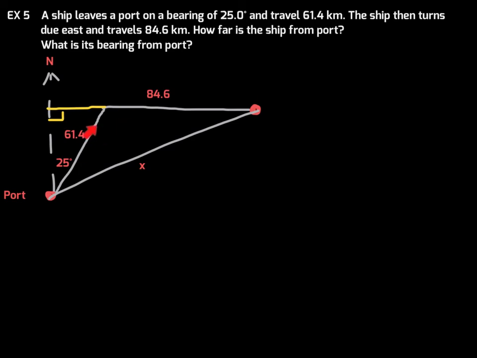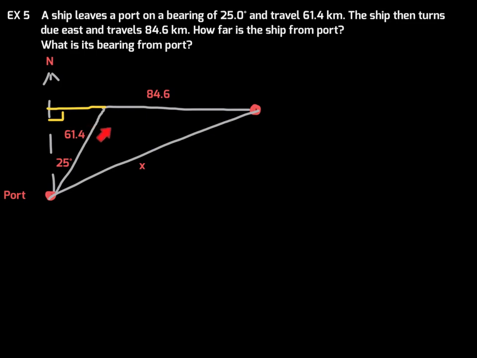If I had it, then I would have this side and the included angle, basically SAS, and then I could use the law of cosines to find side x, the distance that the ship is from port.